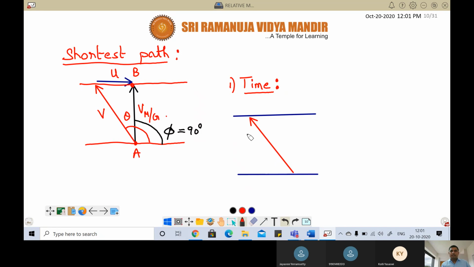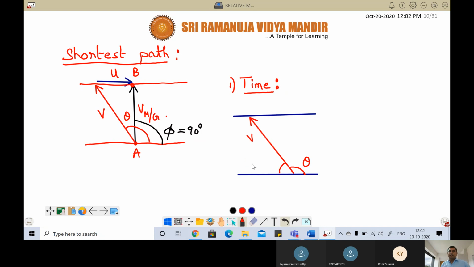This is called V. And this angle here is theta. Now to find this component in this direction, how much will this be?